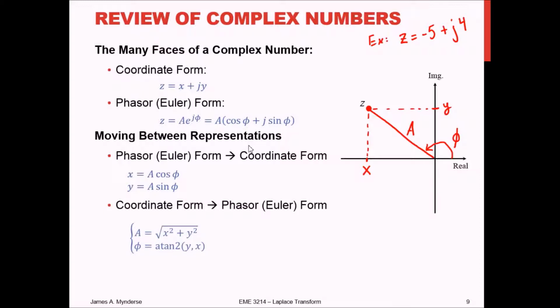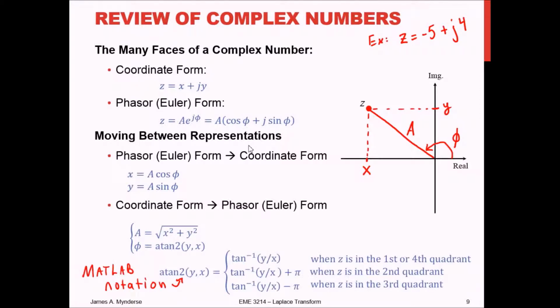And how about the other one? Going to phasor form is a little more tricky, but using a little geometry, A is just going to be the square root of the sum of the squares. And for phi, you actually need to use arctangent. I've used here an atan2, because you need a coordinate-sensitive phi. You notice that my phi here is more than 90 degrees, so you need to know that it is in the second quadrant, not in the fourth quadrant, like you might get from your calculator.